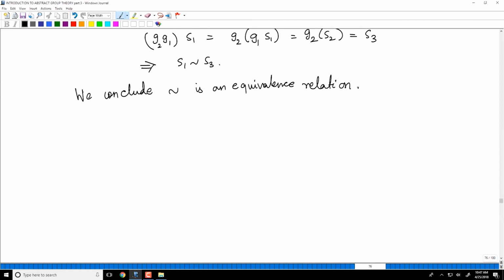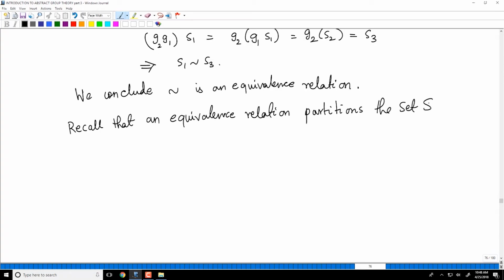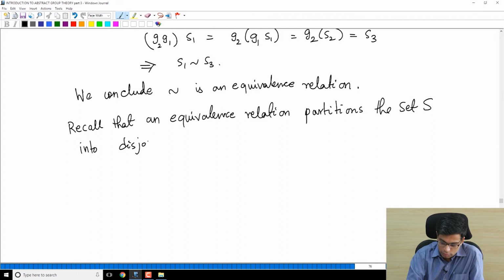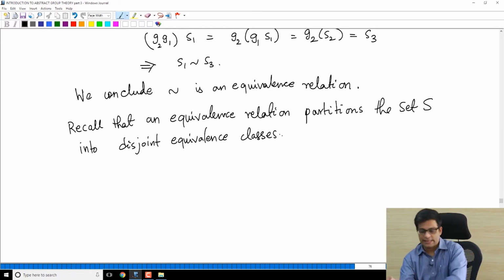But now I want to use the important property of an equivalence relation. Recall that in some sense the most important property of an equivalence relation is that it partitions the set into disjoint equivalence classes, right?